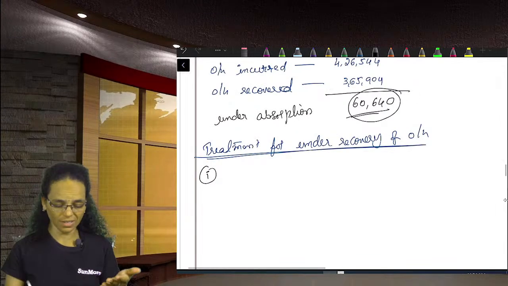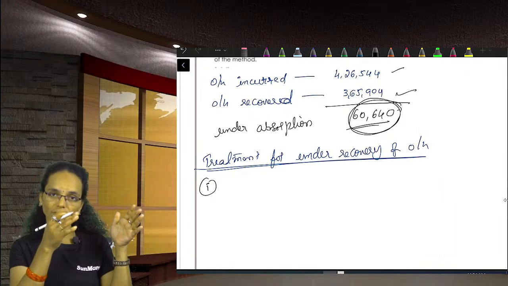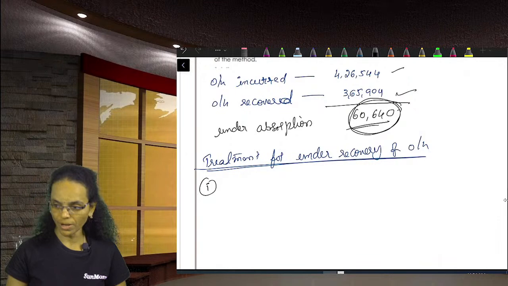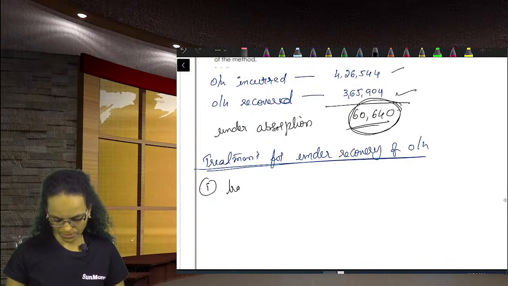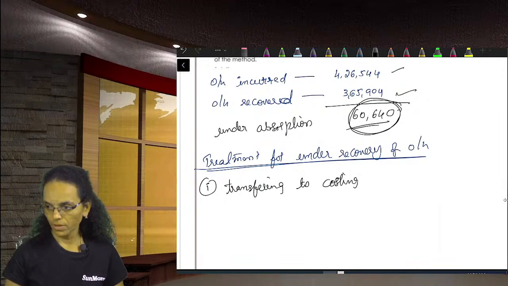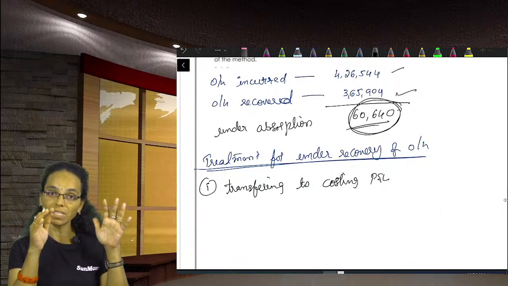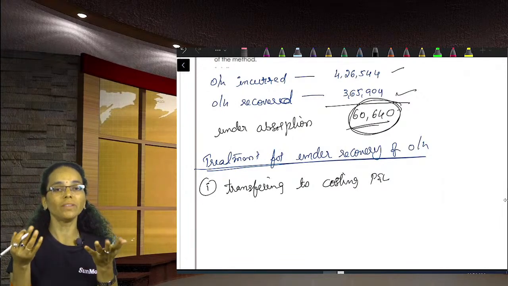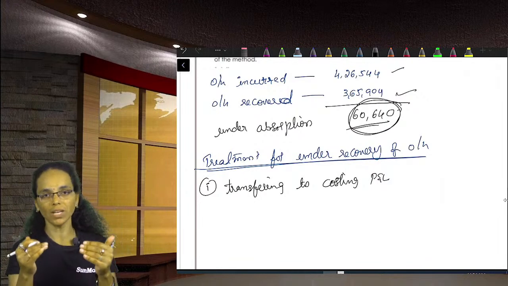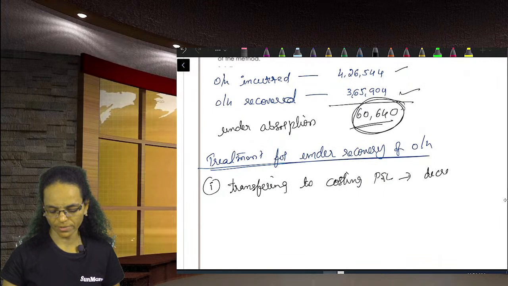We have incurred the expenditure of this much, we have recovered only this much, means there is a loss of this much. So you transfer the entire amount to costing P&L. If you are transferring this loss to costing P&L, what will happen? There will be a decrease in the profit in the costing P&L. So the implication is decrease in profit.